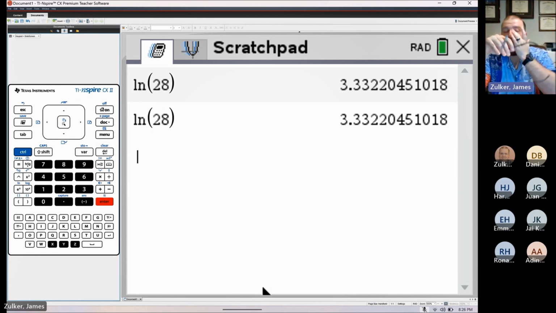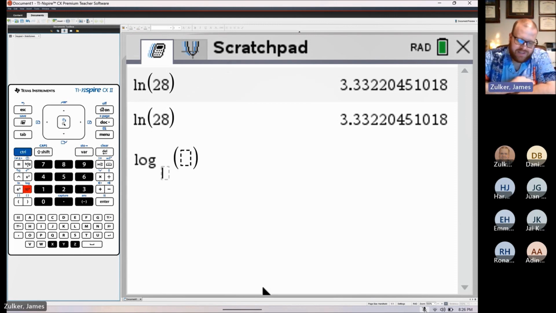For the TI Inspire, I'm going to hit Control and then 10 to the X, which is now showing up in red.